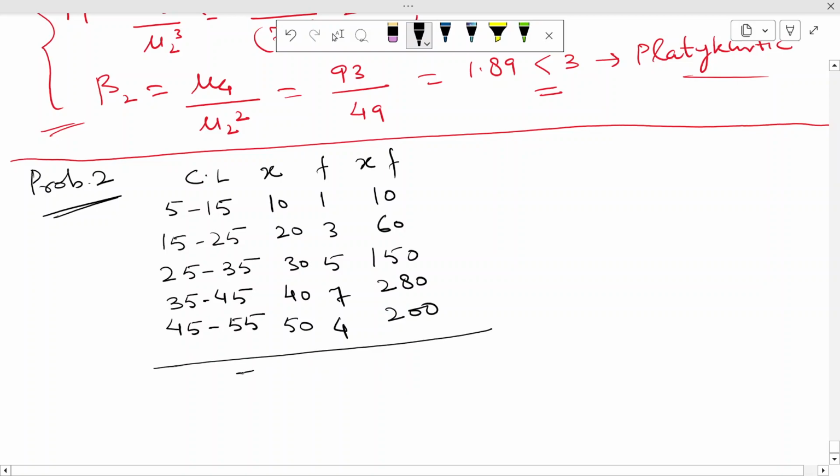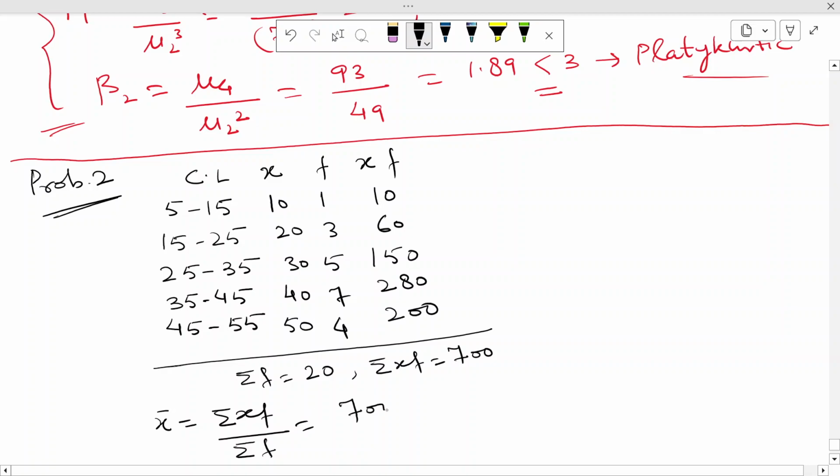From here you will obtain summation f as 20, and summation xf as 700, which gives us the exact mean as summation xf divided by summation f, which is 700 divided by 20, and this gives our mean as 35.